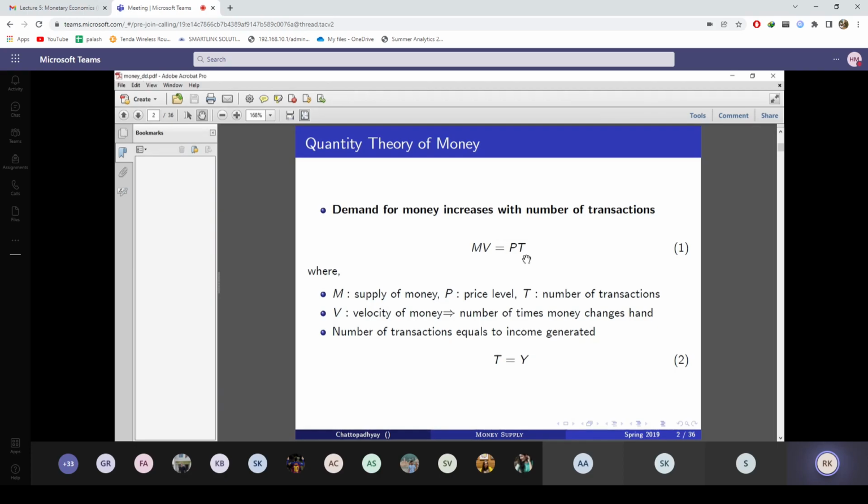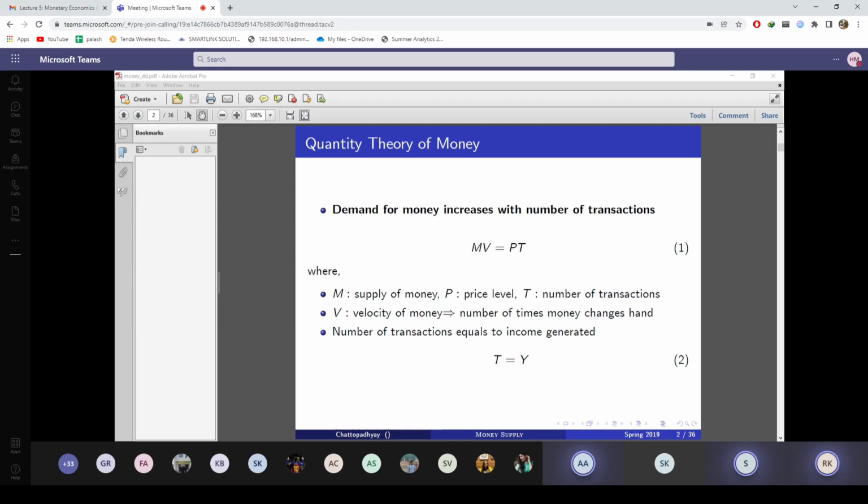Suppose, Odrija, you have 50 rupees in your hand. You sold your labor to the labor market. You earn your labor income, let's say 50 rupees.